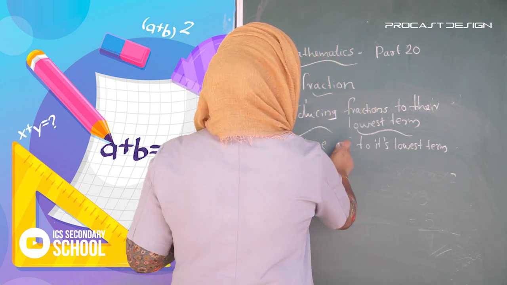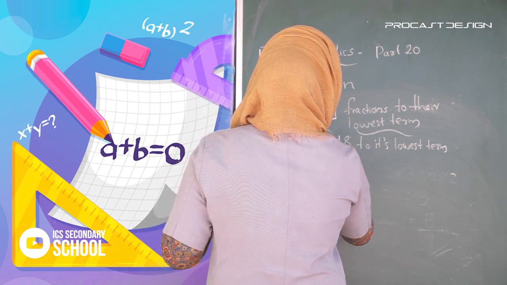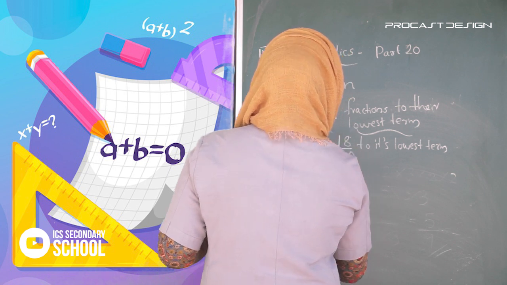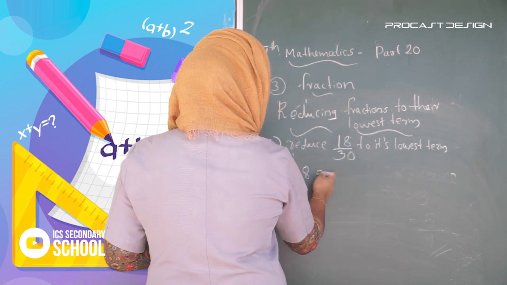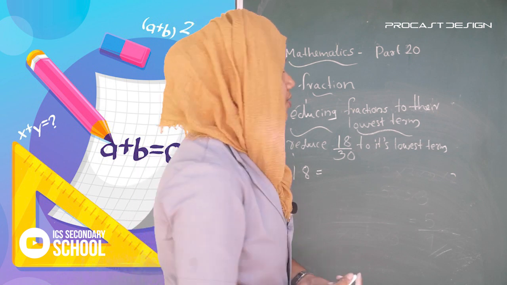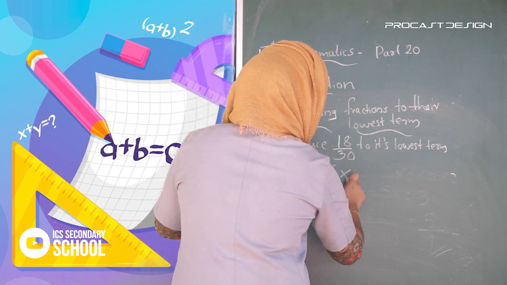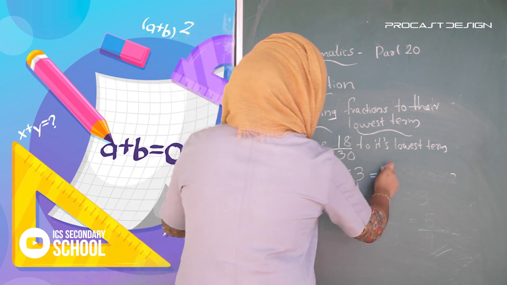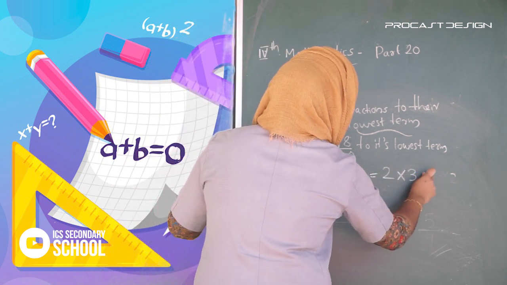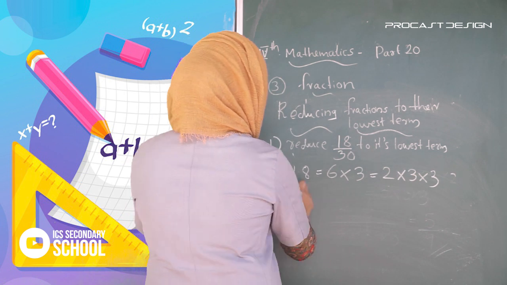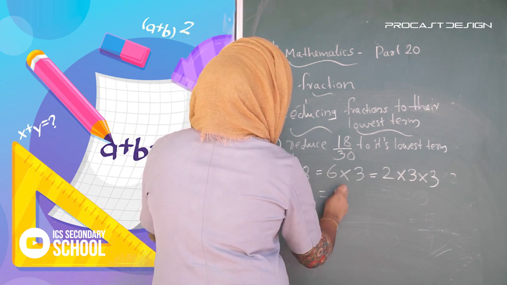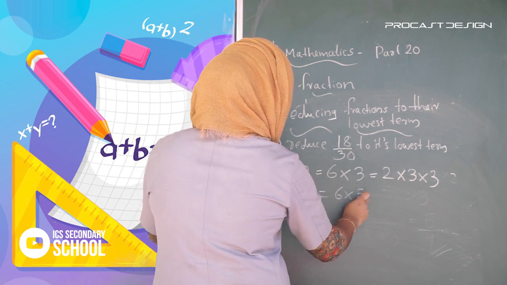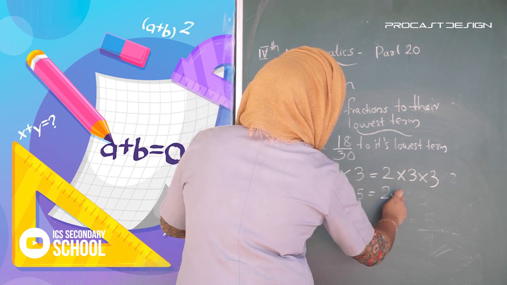18 by 30. 18 we can write as 6 into 3. 6 is not a prime number, so we convert it to 2 into 3. So 2 into 3 into 3. Next is 30, which is 6 into 5. 6 is not a prime number, so 2 into 3 into 5.